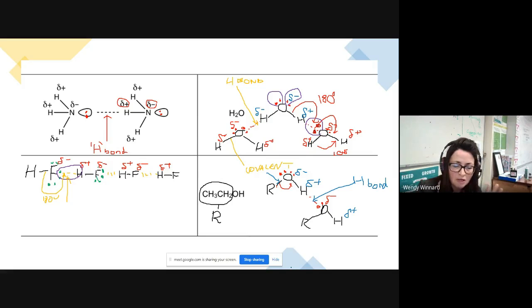So on Friday, we're going to complete this shapes of molecules, these intermolecular forces, forces between molecules. And then we're going to start to look at an introduction to organic chemistry and how you name molecules and so on. So make sure you've got these 4 diagrams drawn.